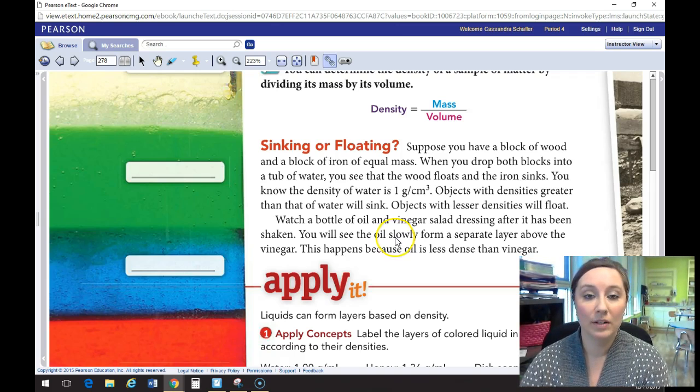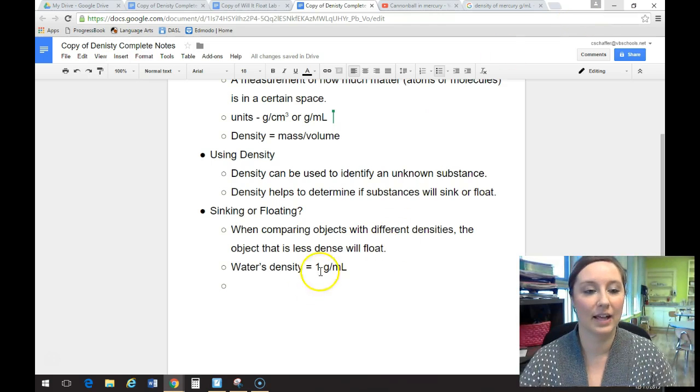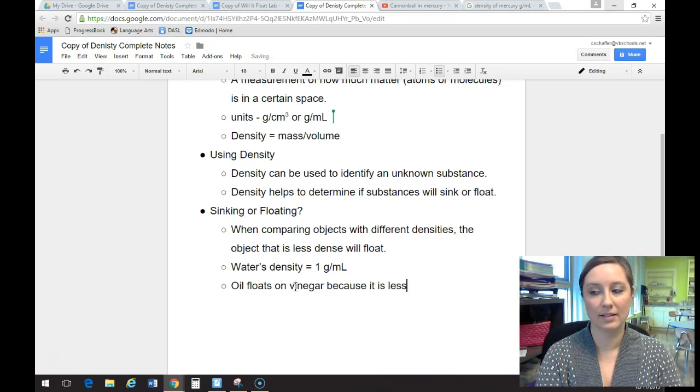So oil has to be less dense than vinegar, because the vinegar is sinking down to the bottom and the oil will float on top. Let's add that little example to our notes: oil floats on vinegar because it is less dense than vinegar.